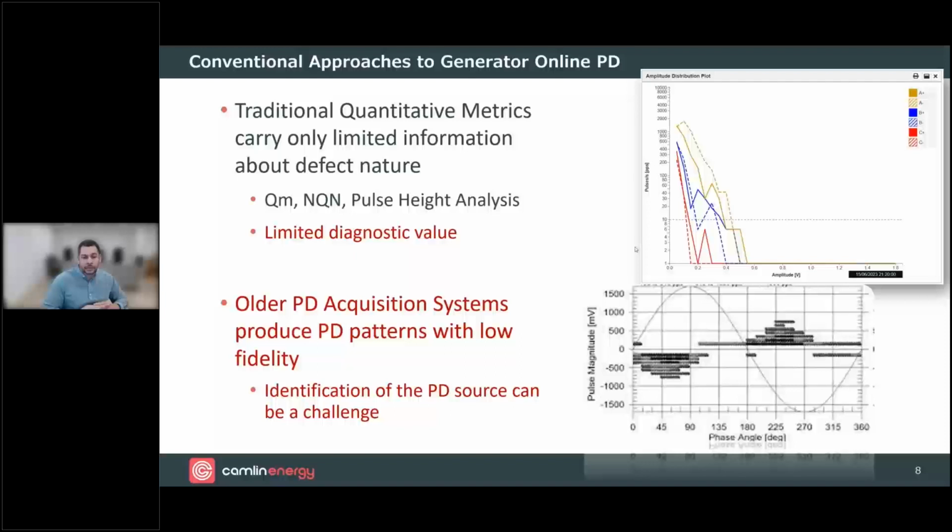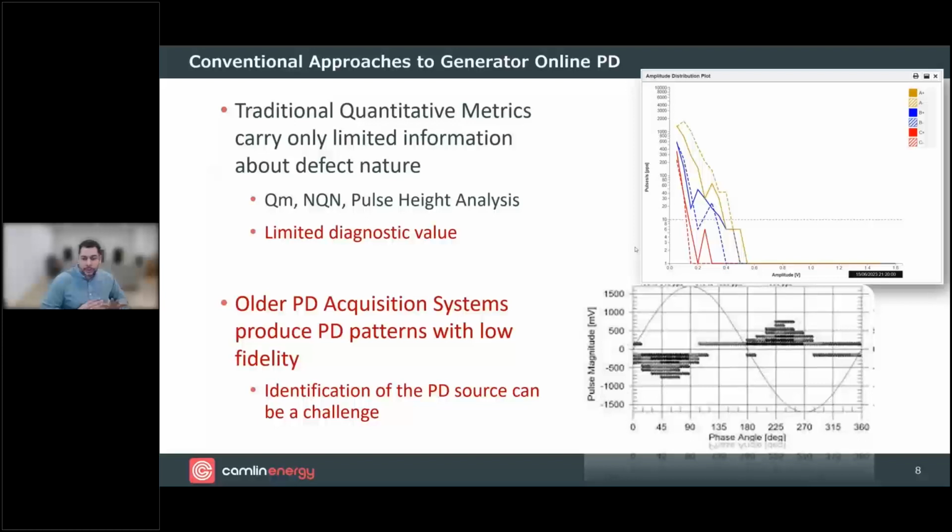Also, if there are multiple defects present and active in the winding, that also may obscure the ability to make these kind of assessments based on these metrics. So in that way, there's a bit limited diagnostic value. Also, some older acquisition systems that many utilities use for many years, they have low fidelity in kind of looking at the partial discharge pattern.